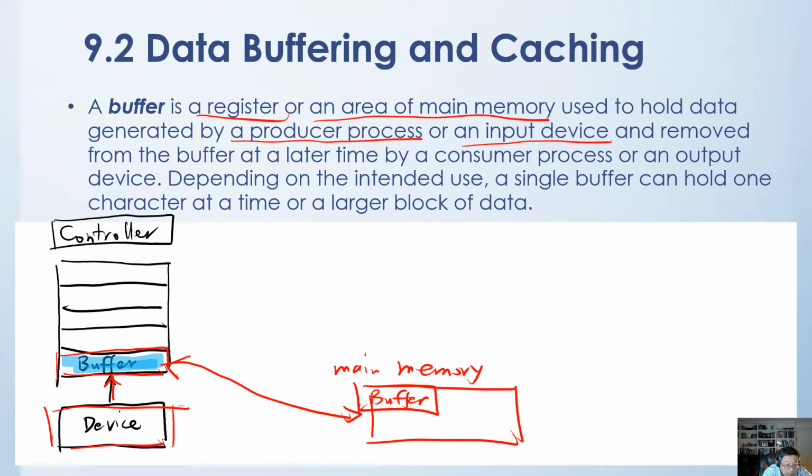Now, depending on the intended use, a single buffer can hold one character at a time or a large block of data. So you may have a single buffer, or later on we're going to talk about multiple buffers.